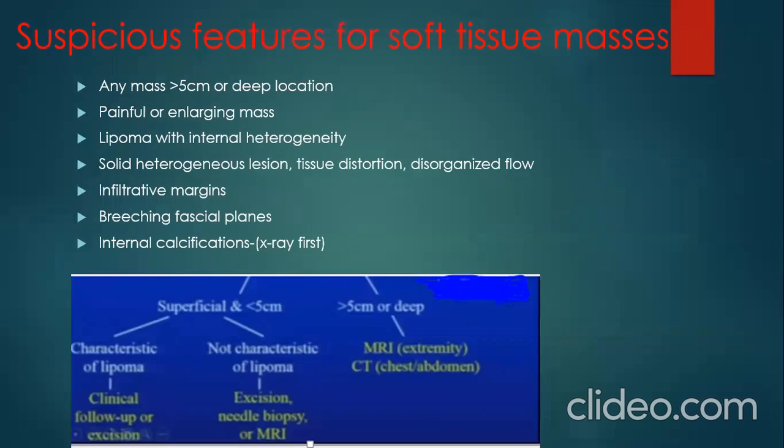So what are some of the suspicious features that you might see when we're dealing with these soft tissue masses? If you see any mass that is greater than 5 centimeters or deep in location, that is a suspicious feature. Or if the lesion is painful or enlarging, that is also a suspicious feature. If we get any lipoma with internal heterogeneity, or a solid heterogeneous mass which is distorting the tissue and shows disorganized vascularity on color Doppler, that is a suspicious feature.